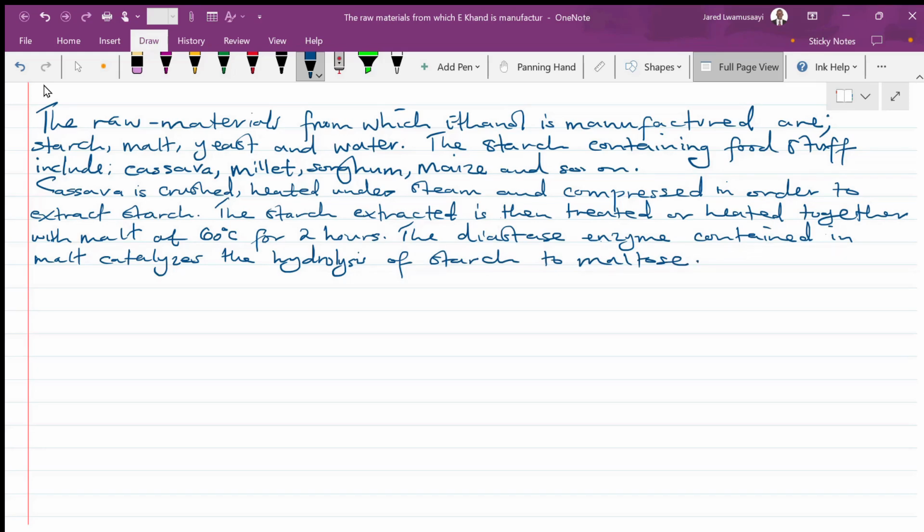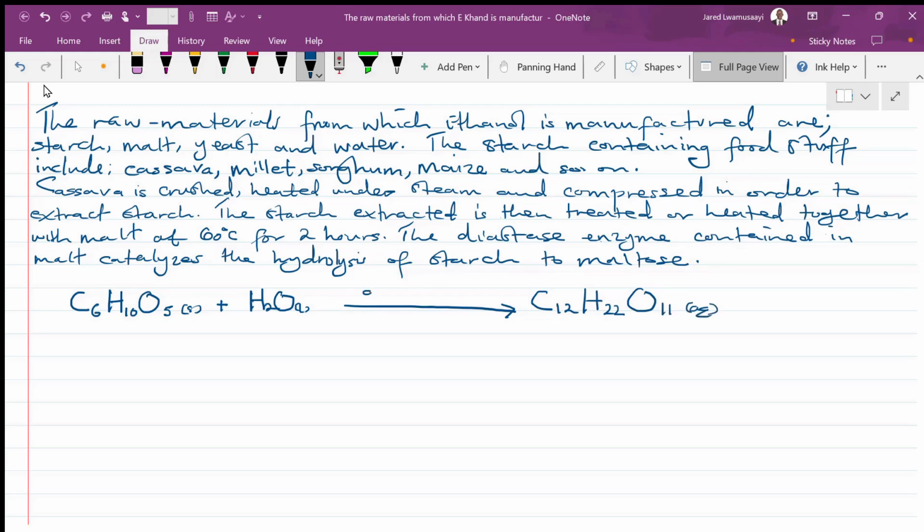And here we can write the equation. However, the equation is optional. You may leave it out. You can write this is starch, this is chemical formula of starch, solid. And hydrolysis involves addition of water, which is a liquid, to give us maltose, aqueous, but in the presence of the diastase enzyme.